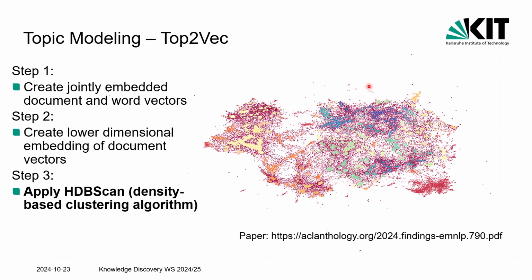In step 3, they then apply a clustering algorithm by the name of HDBScan. HDBScan is a density-based clustering algorithm, and one of its advantages is that it automatically tells you the number of clusters. So it's not an input parameter. For the topics, it can also tell you how many topics there are in the end.